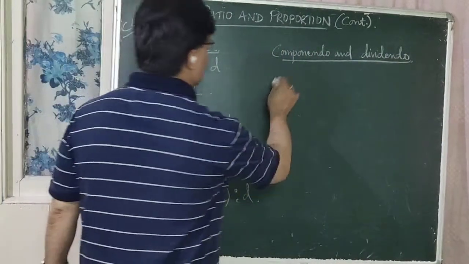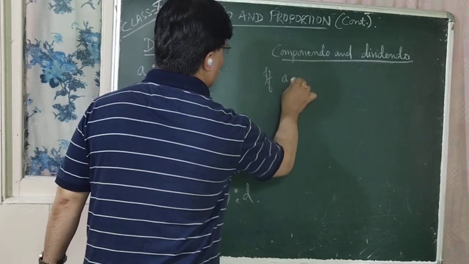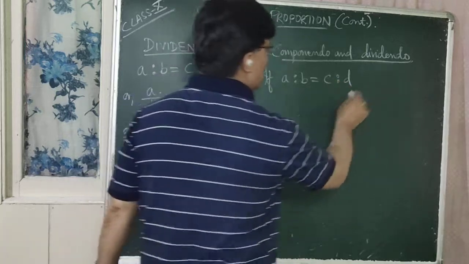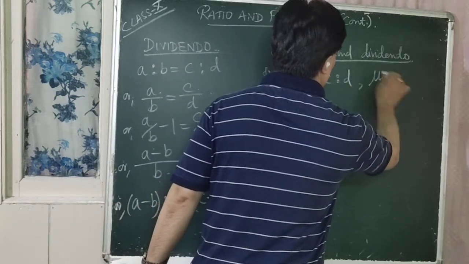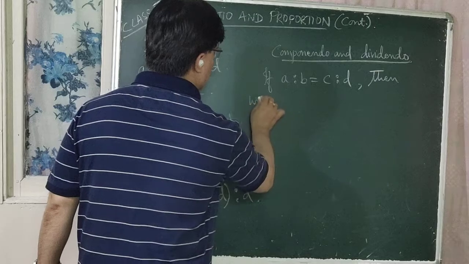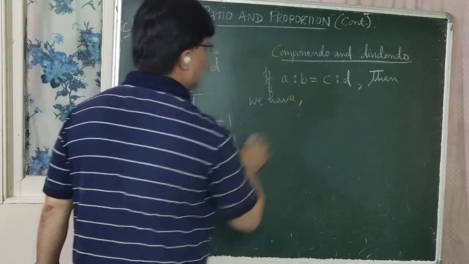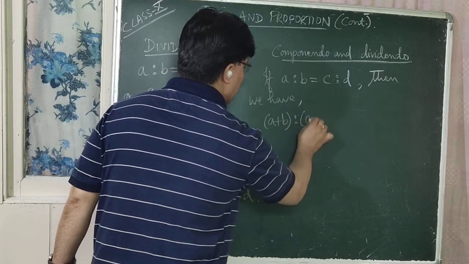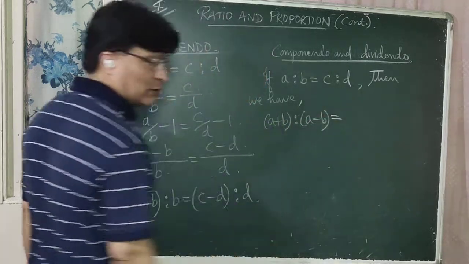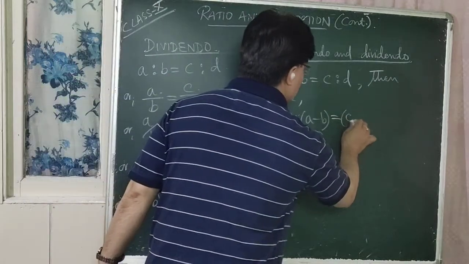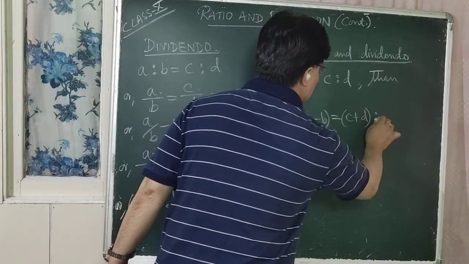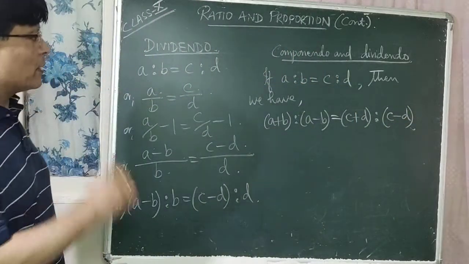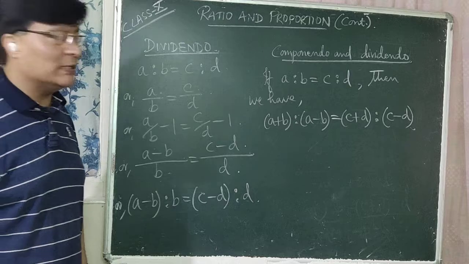Okay? So if A is to B is equal to C is to D, then we have A plus B is to A minus B is equal to C plus D is to C minus D. So this is the property which is known as componendo and dividendo.